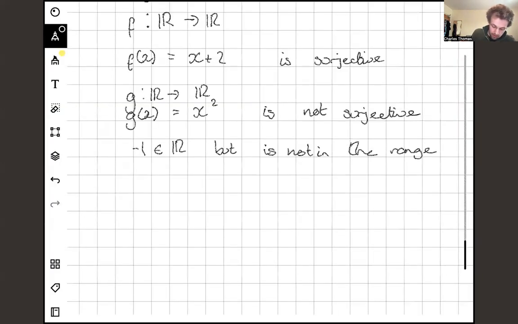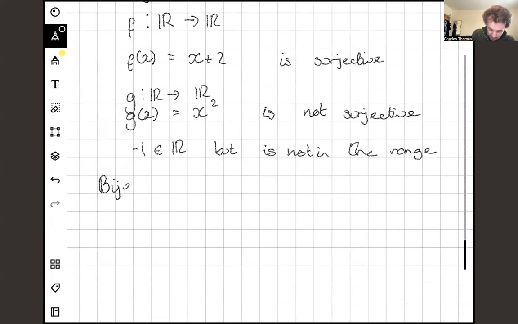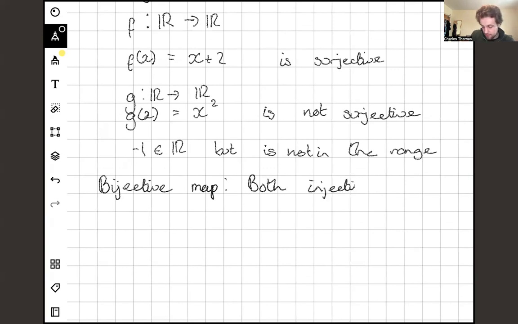Now, there's a special kind of map called a bijective map. And this just means it's both injective and surjective.